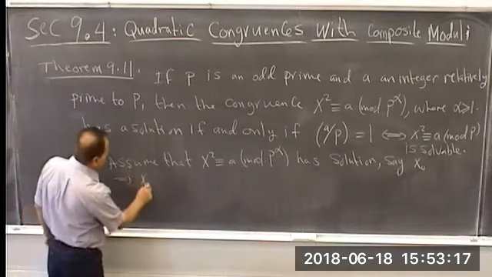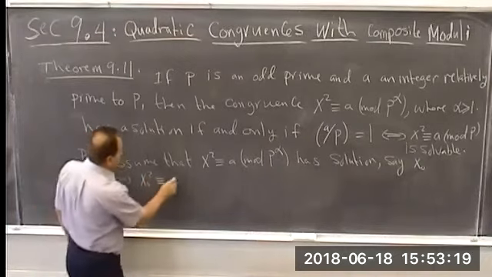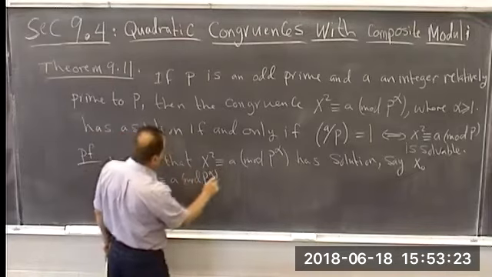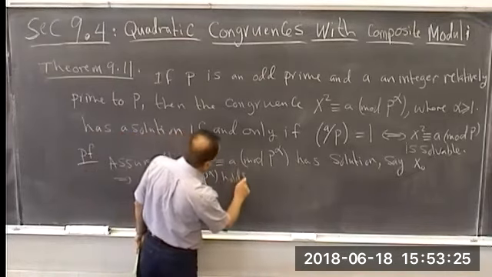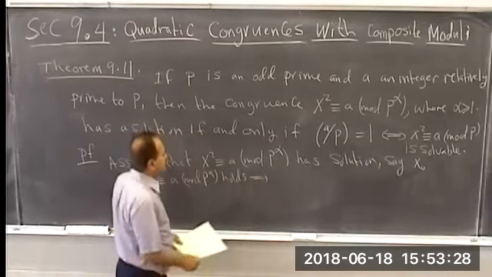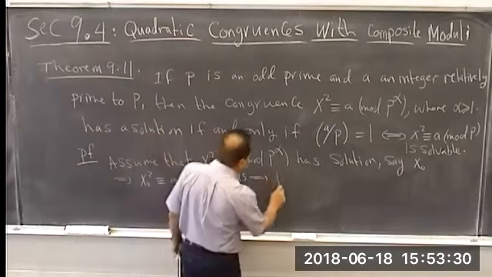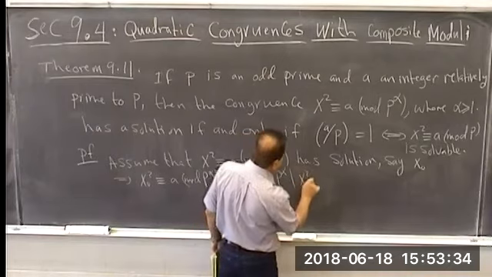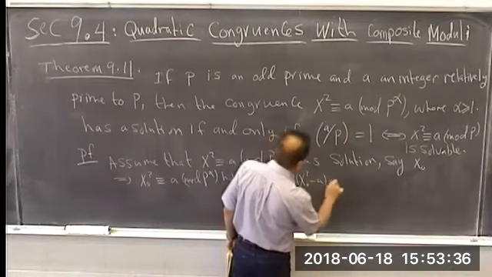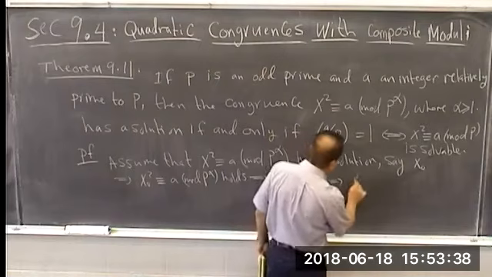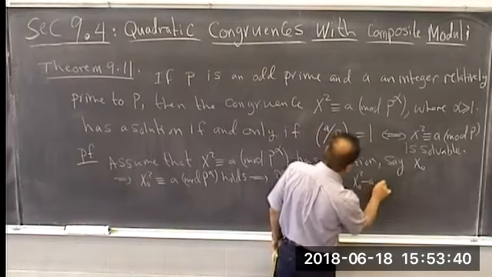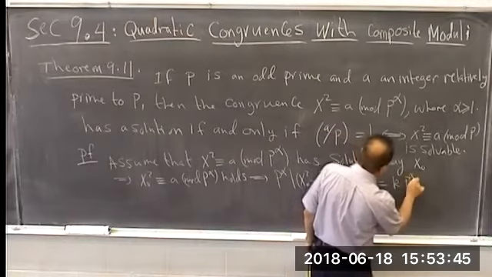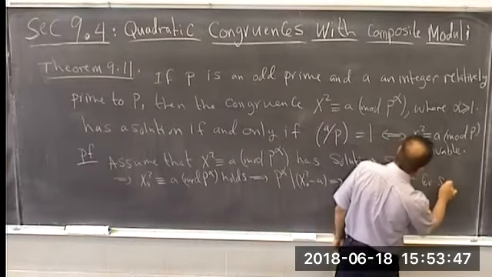So we have x0 squared congruent to a mod p to the alpha. And this in itself implies p to the alpha divides x0 squared minus a, which makes x0 squared minus a a multiple of p to the alpha, for some k.